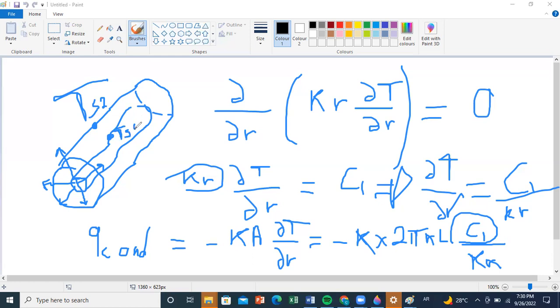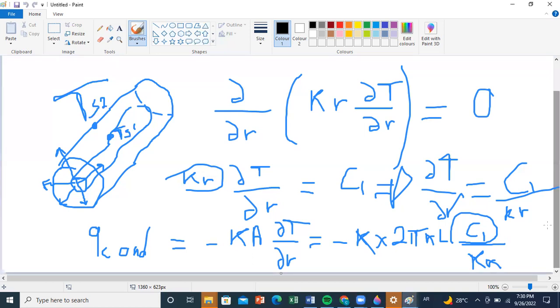Let us try to find C1 as a function of these temperatures. So what we'll do now, we'll say, if we integrate this equation again, we already found out that KR del T by del R is equal to C1. So del T by del R is C1 over KR.